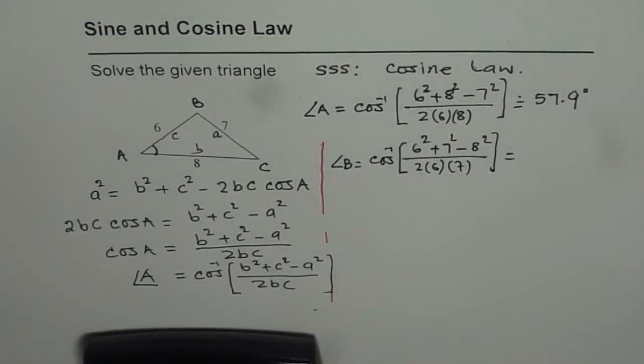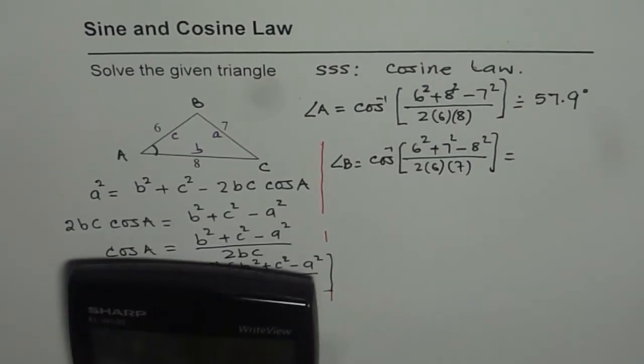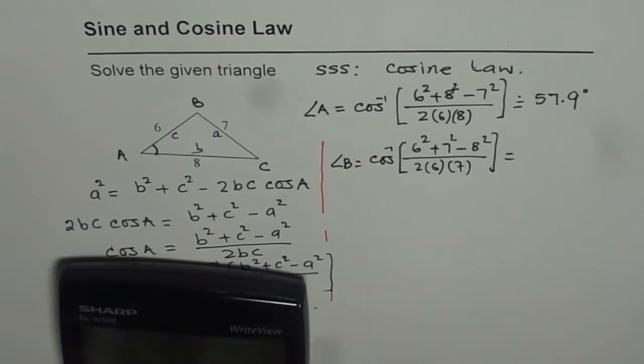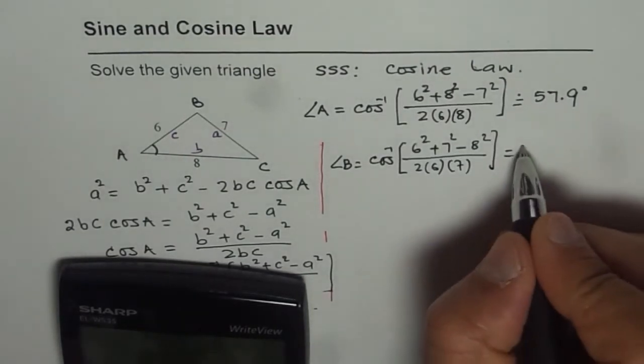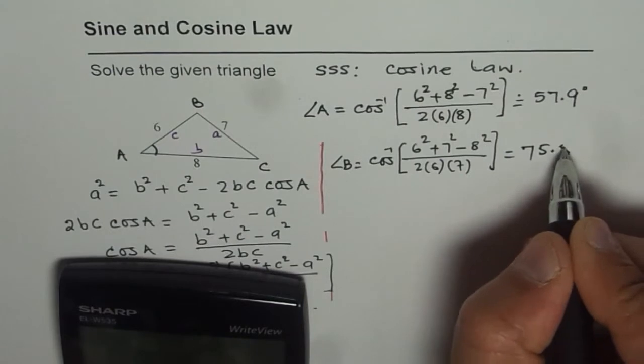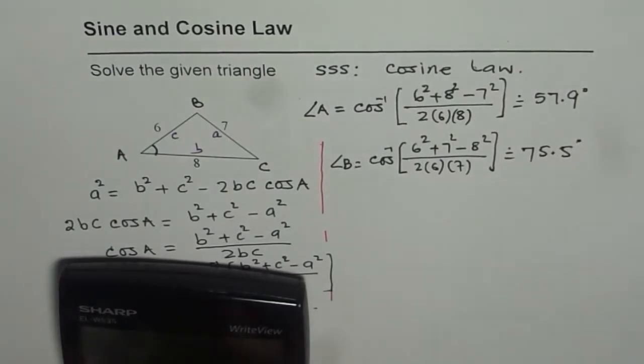We get second function cos inverse, 2 brackets open, 6 square plus 7 square minus 8 square, 1 bracket closed, divided by bracket open, 2 times 6 times 7, 2 brackets closed, equal to 75.52. So we get 75.5 as a rounded number in degrees, right?